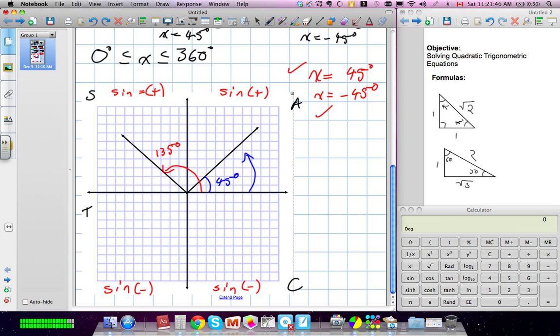Again, we have a 45 degree angle, and when we come all around, we get 180 plus 45. What's that give me? 225, yeah. And finally, our last option, if we come all the way around to here where it's negative, 315. So we have 4 answers to this question because we had 2 options for our x.